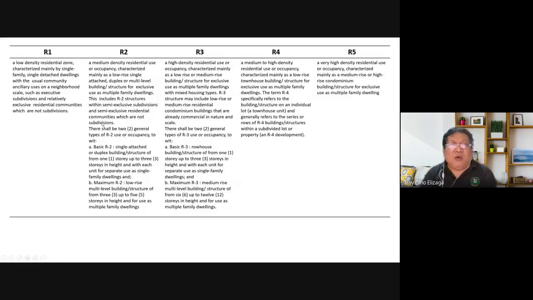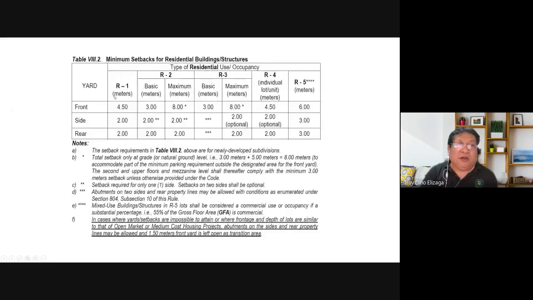Okay. So R1, a low density residential zone characterized mainly by single family, single detached dwellings with the usual community ancillary uses on a neighborhood scale, such as executive subdivisions and relatively exclusive residential communities which are not subdivisions. So all our housing units belong to R1. Therefore, we subscribe to this standard.